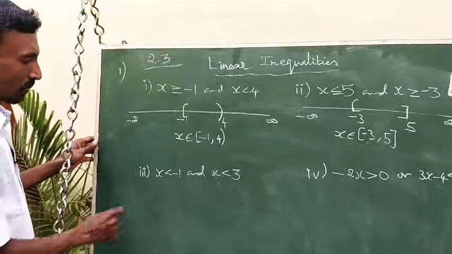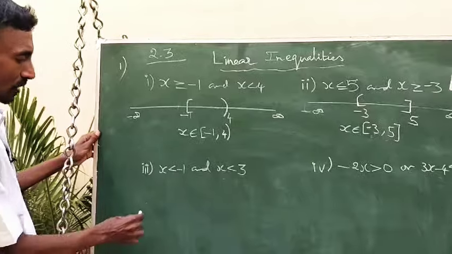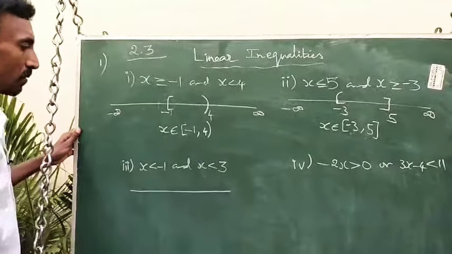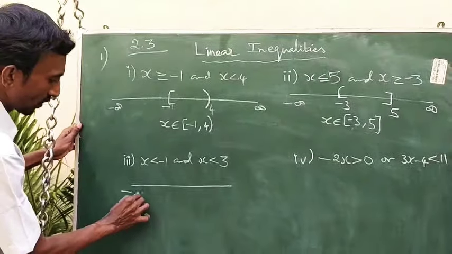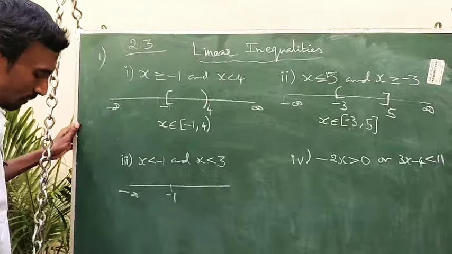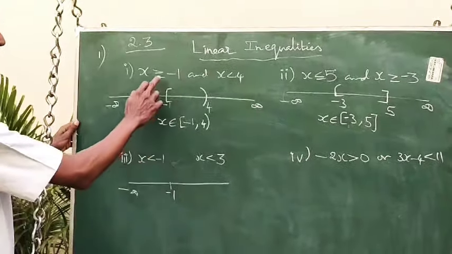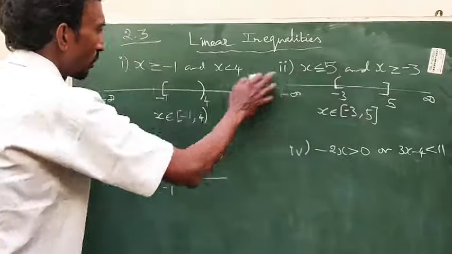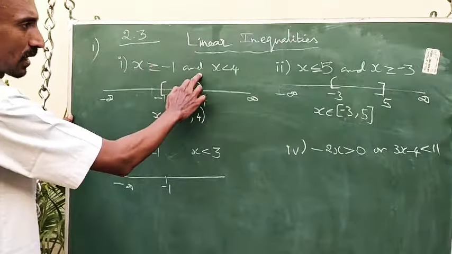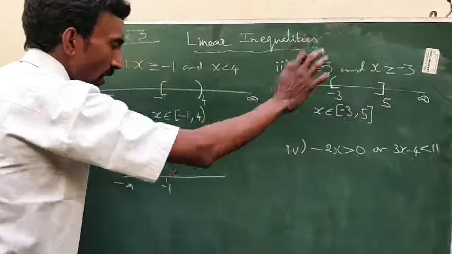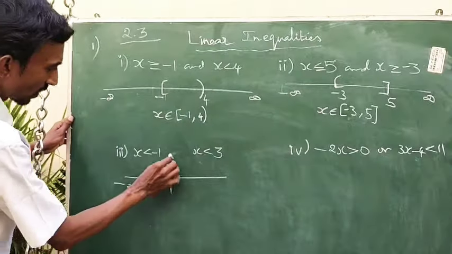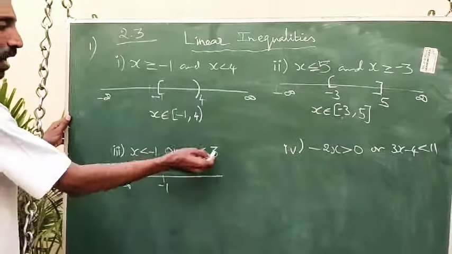And third subdivision: x less than minus 1 or x less than 3. So minus infinity, minus 1. In the first two questions the word given was 'and'. Look at the statement, first one and the second one. But here in the third subdivision it is either this or that.